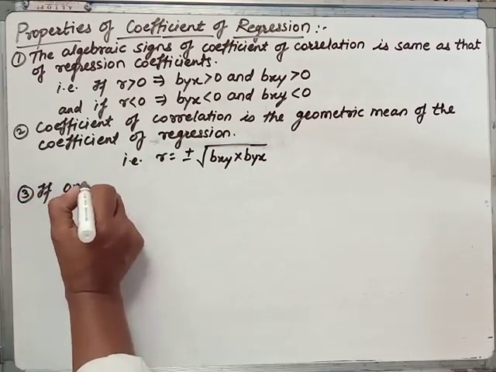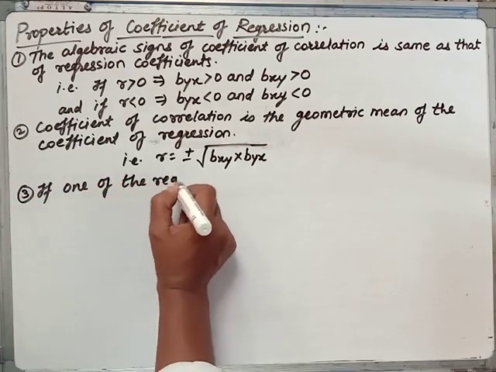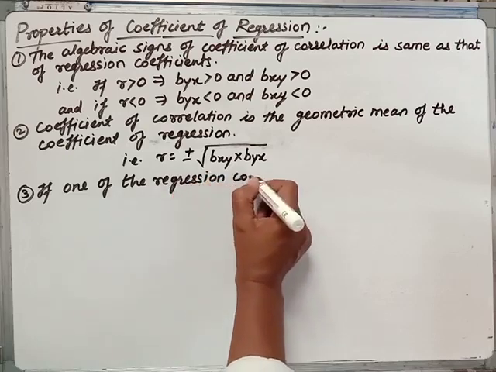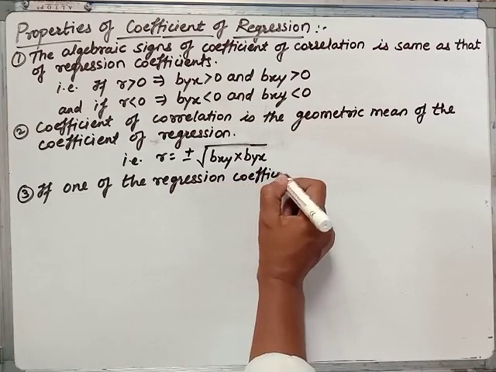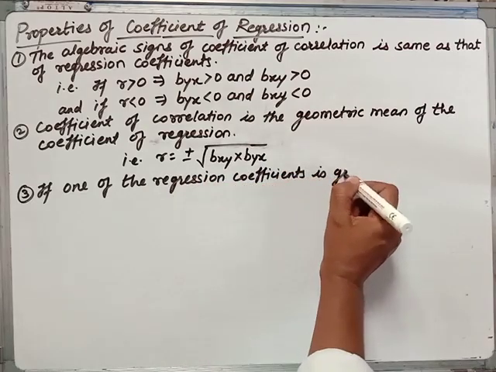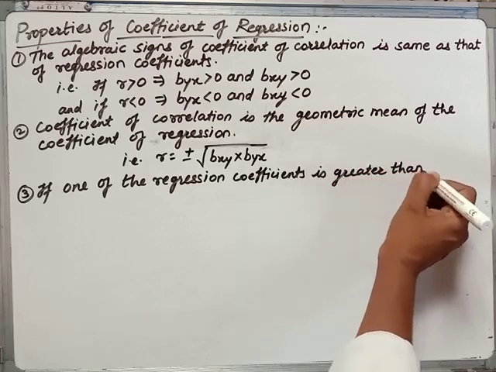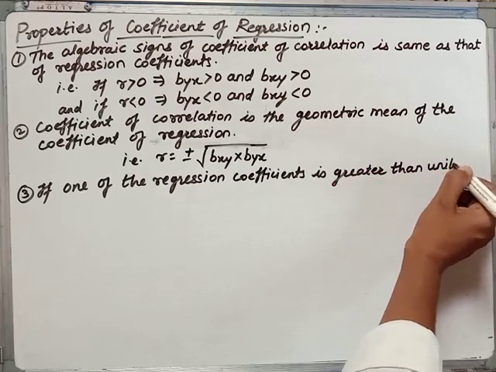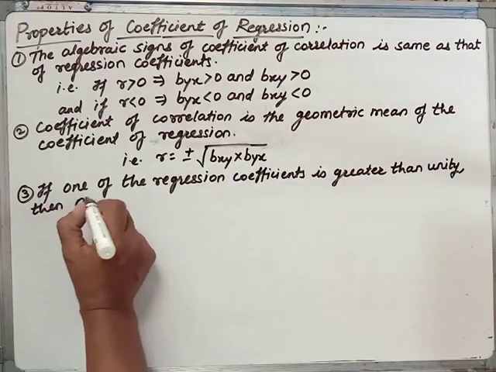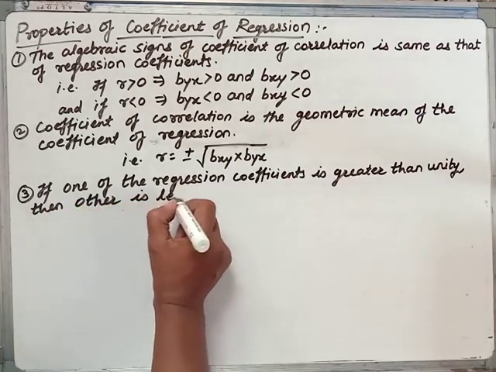Third, if one of the regression coefficients is greater than unity, then the other is less than unity.